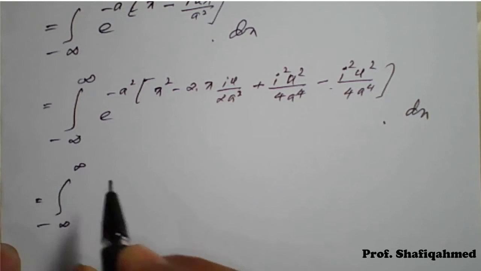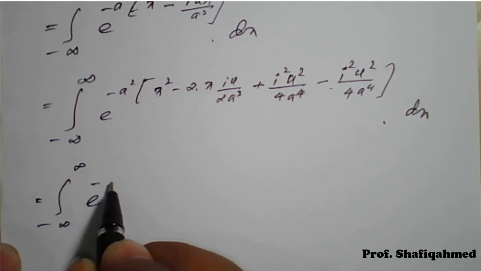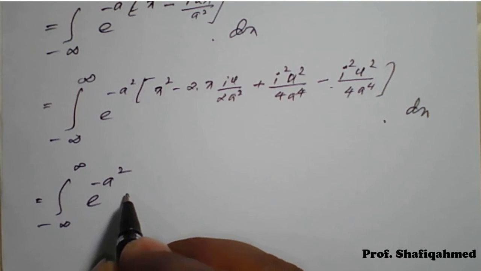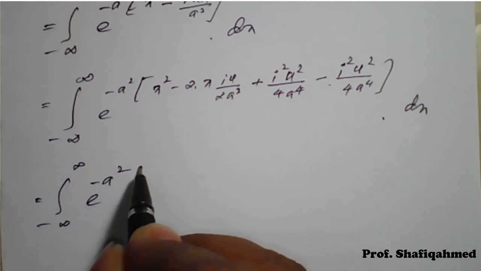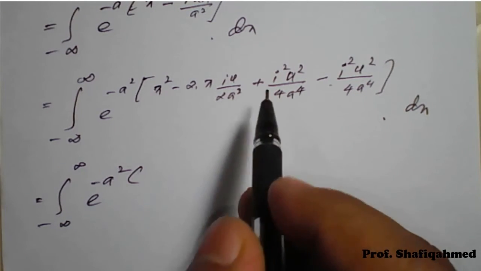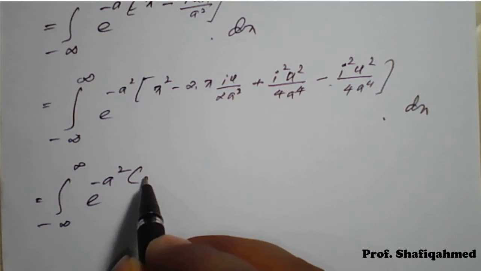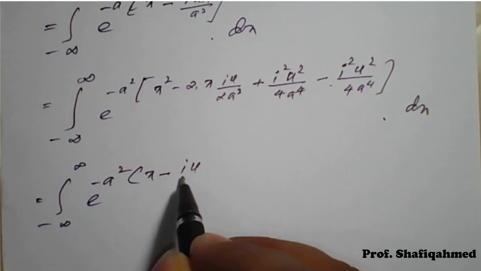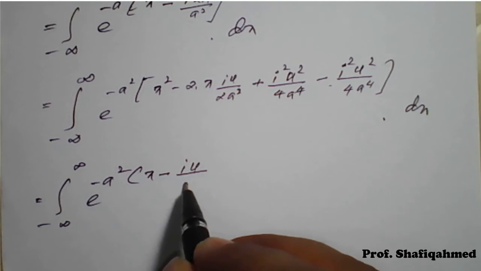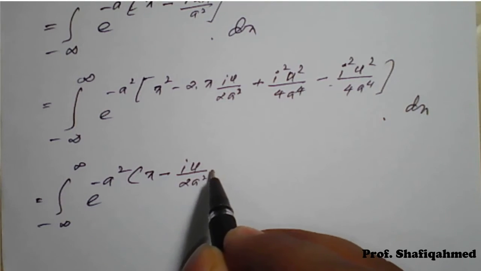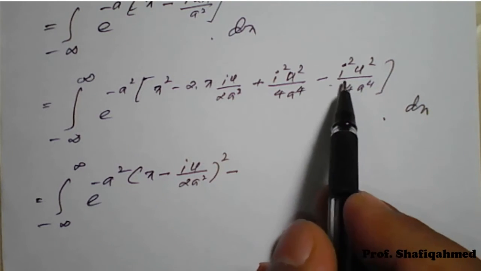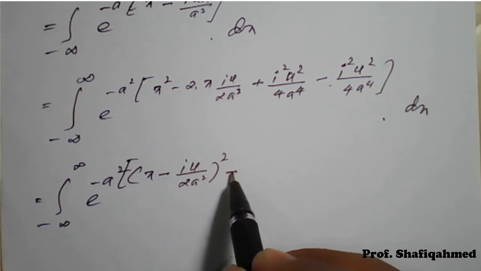Therefore the integration from minus infinity to plus infinity of e raised to minus a square, these three terms will become x minus i u upon 2a square whole square, minus this term as it is.